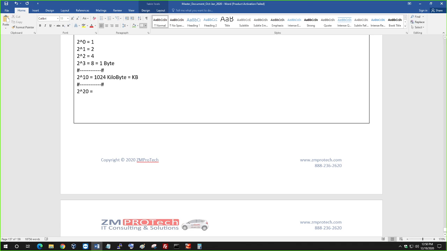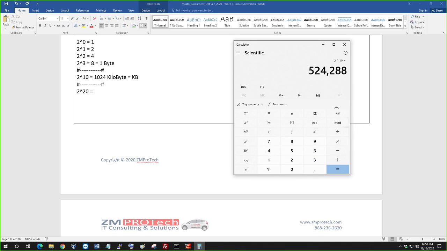So if you multiply 1024 times 1000, okay, those are the ones in kilobytes here. So 1024 times 1000. Okay, so 1024 bytes here.